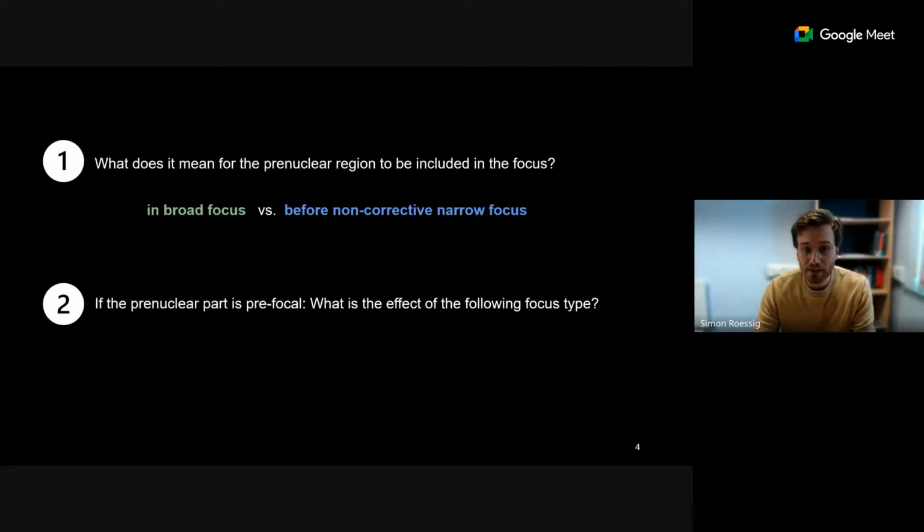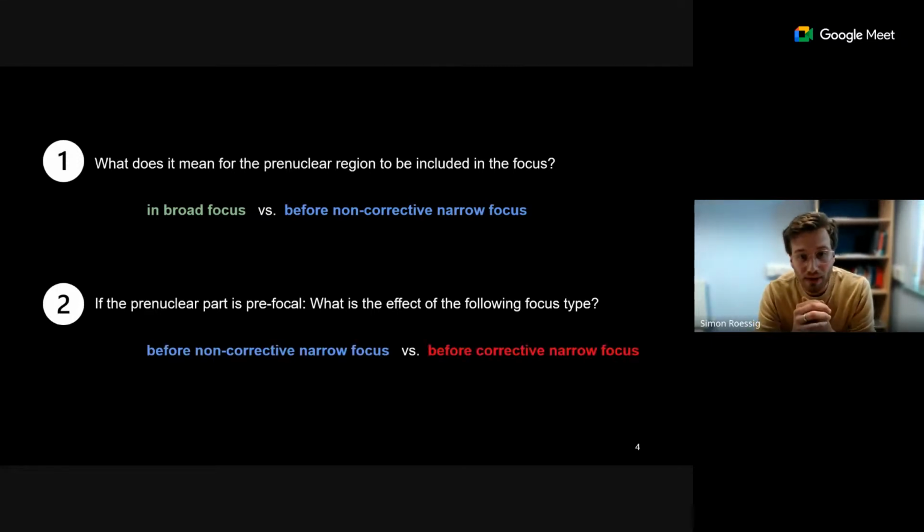And if the prenuclear part is also prefocal, that is, if it precedes a narrow focus, what is the effect of the following narrow focus type? And this is going to be the comparison of prenuclear prosody before non-corrective narrow focus to prenuclear prosody before corrective focus.